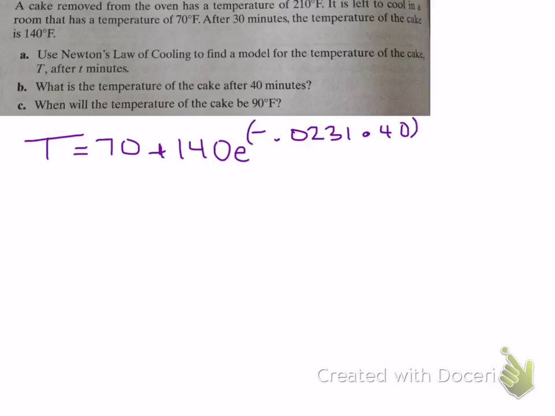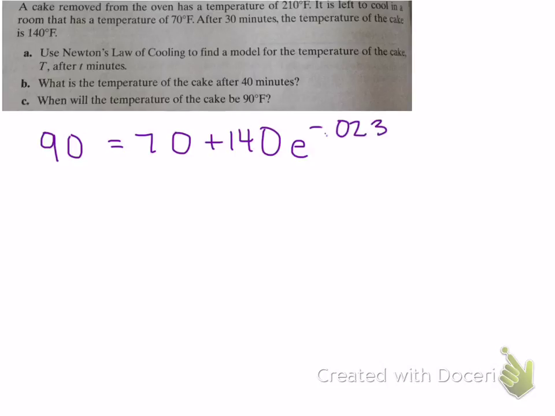And again, this is just calculator work. Make sure that you put parentheses around that entire exponent, so the 40 is being multiplied by that negative 0.0231, not by the whole thing. And when we do that, we get approximately 126 degrees Fahrenheit. So after about 40 minutes, the object has cooled down to 126 degrees Fahrenheit.